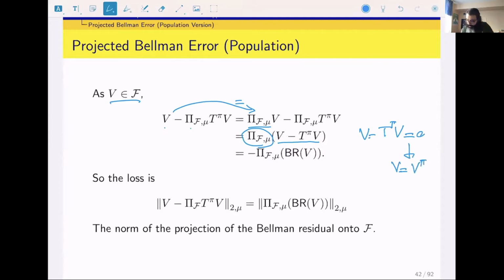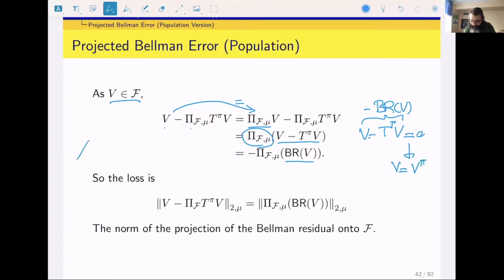But we also denote this quantity as the Bellman residual of the value function, or actually minus of that. So V minus T pi V would be minus the Bellman residual. So what we are actually computing is we take the Bellman residual and then project it back to that space, which is, of course, clear.